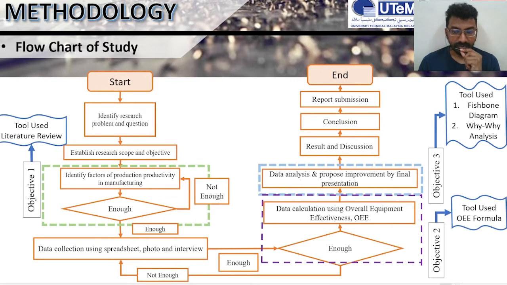Then, using them, we derive the OEE formula and measure the efficiency of equipment. Next, we view the results and analyze them to propose improvement, which is given by determining the root cause with the fishbone diagram and also why-why analysis. Finally, we conclude the project by stating the contribution and suggestions for future improvement.